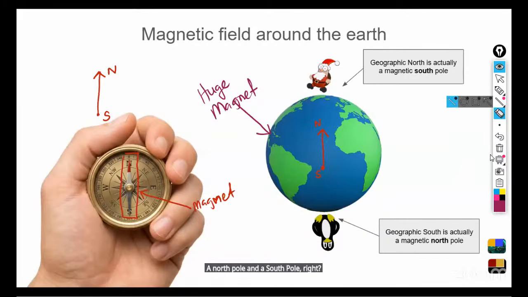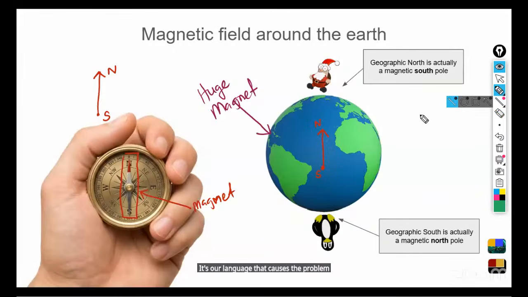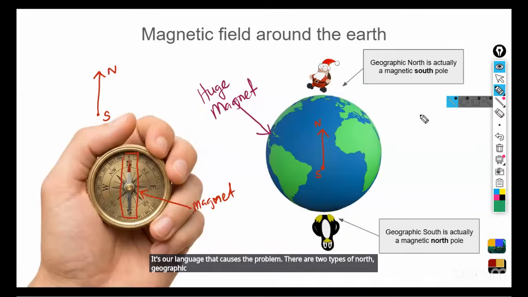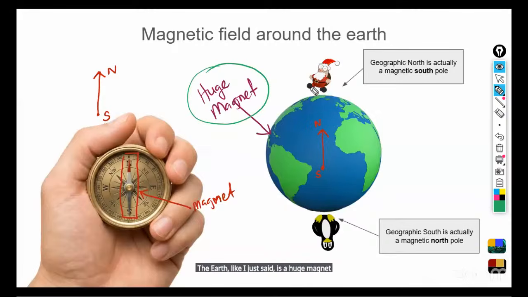But it's our language that causes the problem. There are two types of north: geographic north, that means directional north, or magnetic north. The Earth, like I just said, is a huge magnet. Where Santa Claus lives, it's a huge South Pole, a magnetic South Pole. And where the penguins live, it's a huge magnetic North Pole.